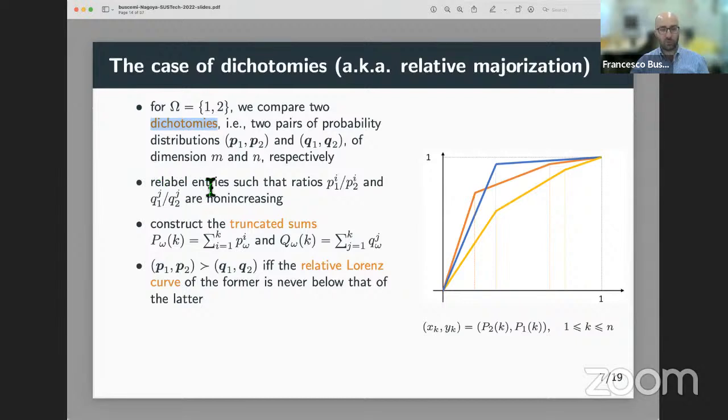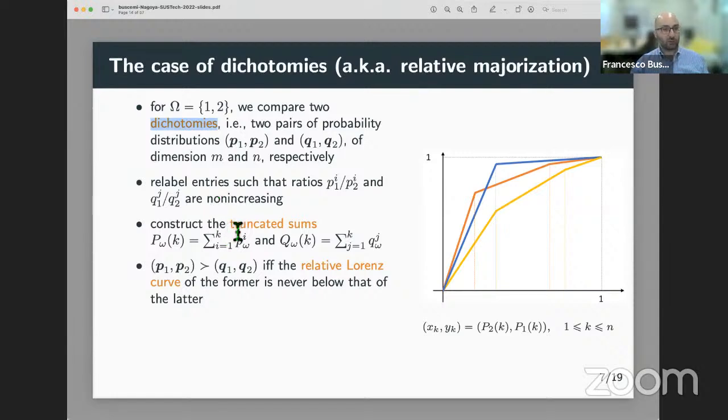It tells you, first of all, construct these ratios, P1i over P2i and Q1j over Q2j, and relabel i's and j's in such a way that these ratios are non-increasing. So you start from the largest ratio, and then you go down to the smallest ratio.